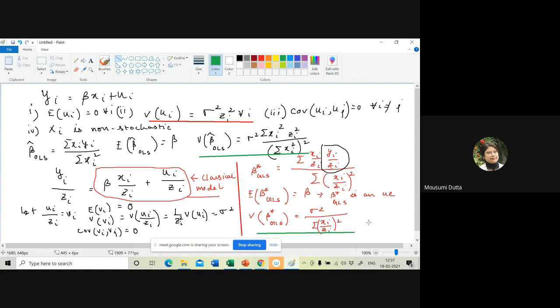Then you have to simplify this. I hope all of you are finding that sigma square can be cancelled.